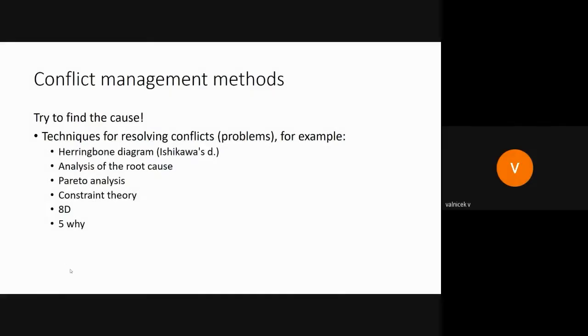We are almost at the end. We just have to speak about the conflict management and about the risk management. If there are some problems or conflicts, you should always try to find the cause. There are a number of techniques for resolving conflicts.